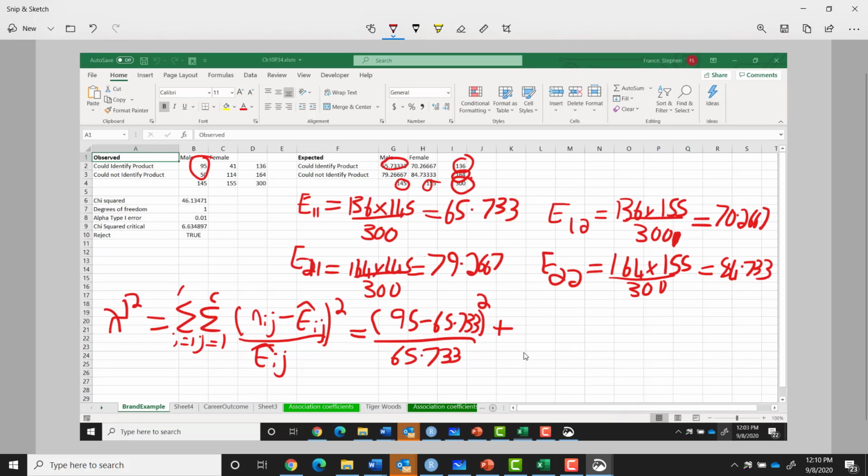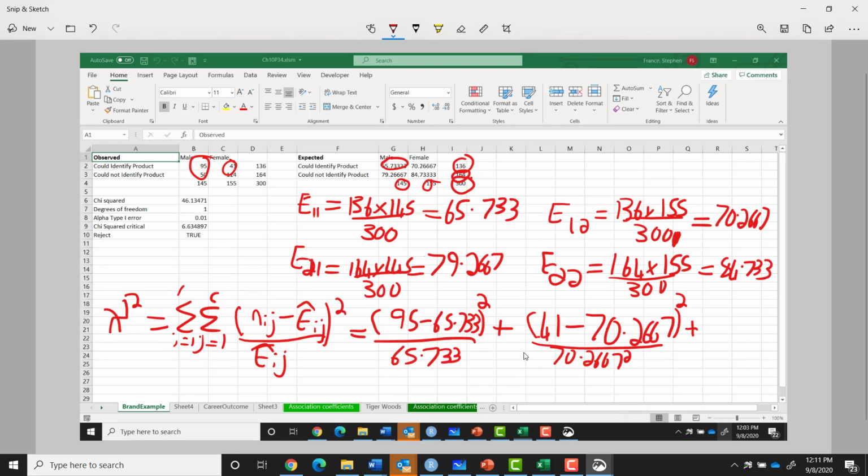The next one is going to be row 1, column 2, and that's going to be 41. You can see there's quite a deviation here because obviously my data are not very independent. We've got far less females than we would expect.